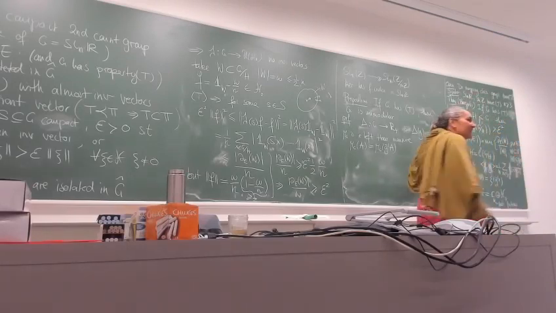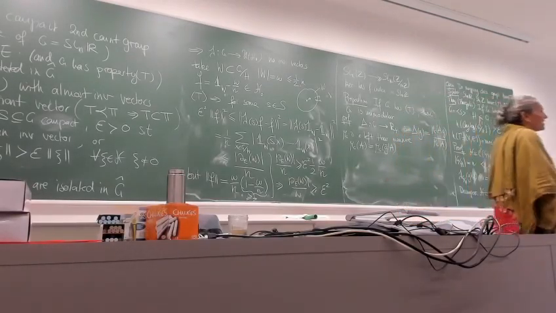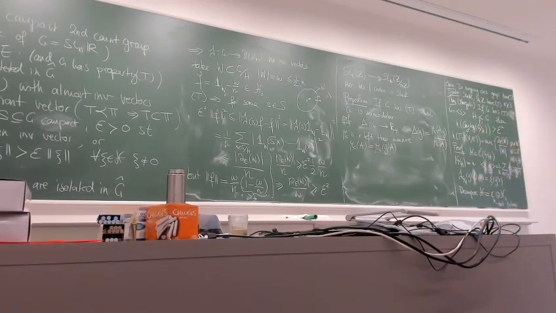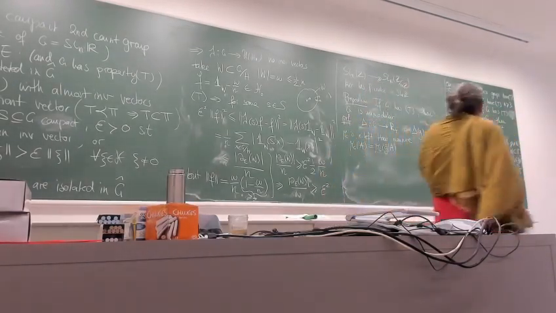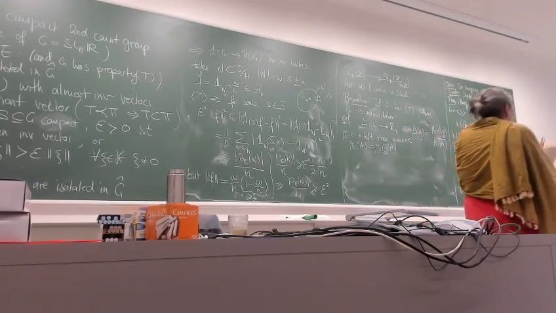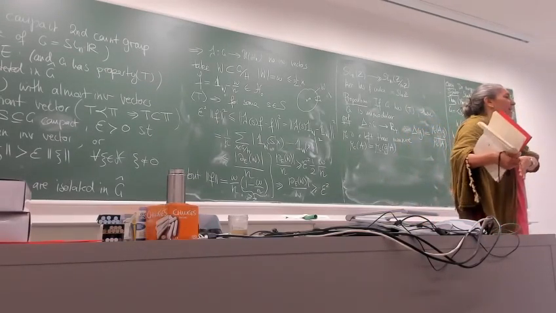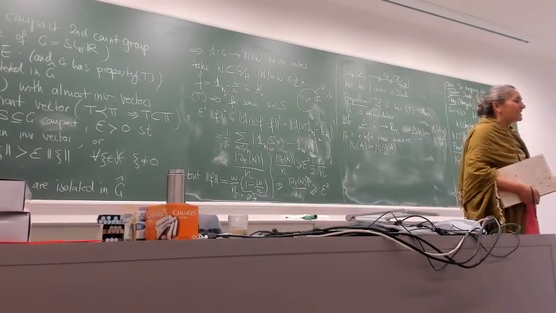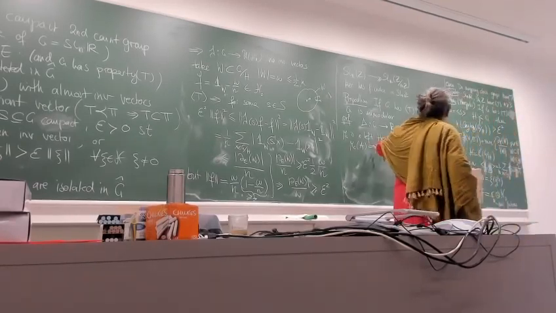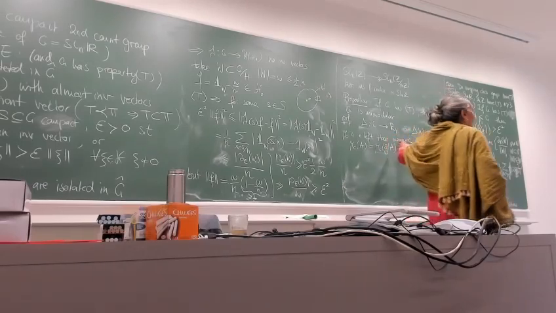And if your group is abelian, again, it doesn't change if you move it from the right. But it could be that you take a set and you move it, and it doesn't change when you move it from the left, but if you move it from the right, it just goes wacko.